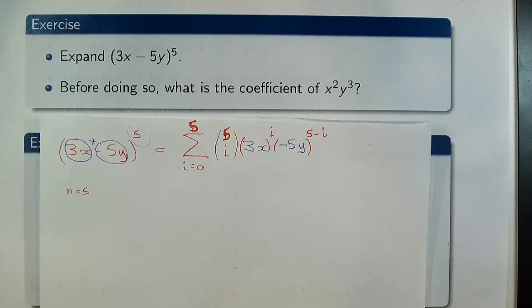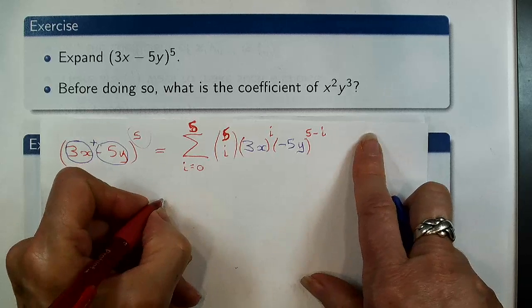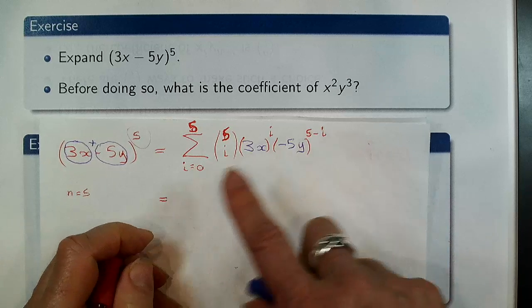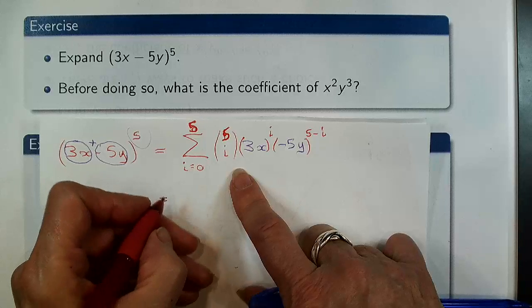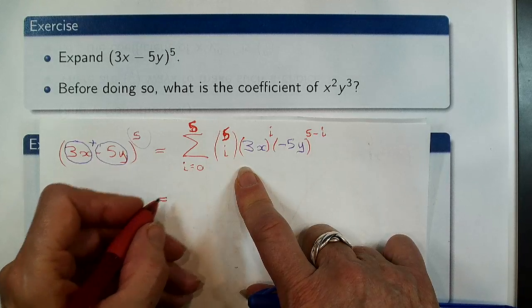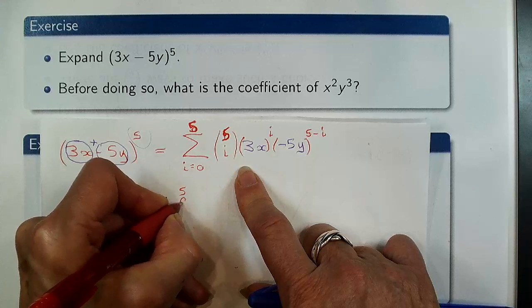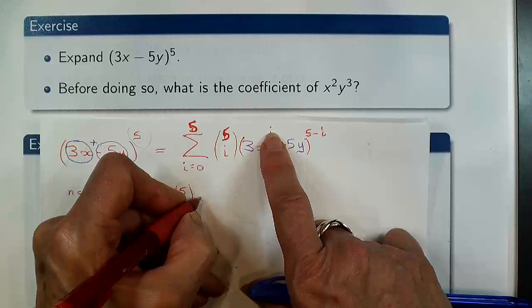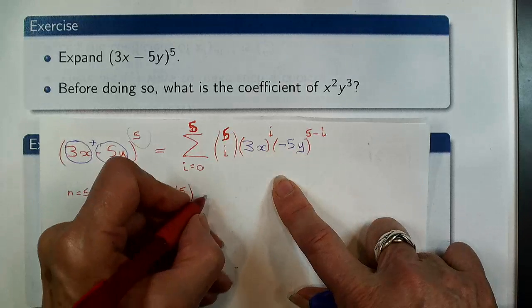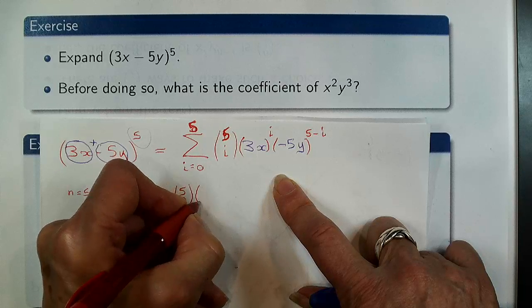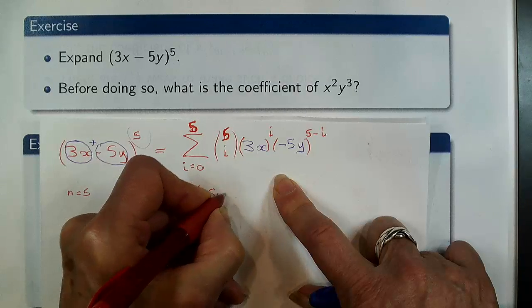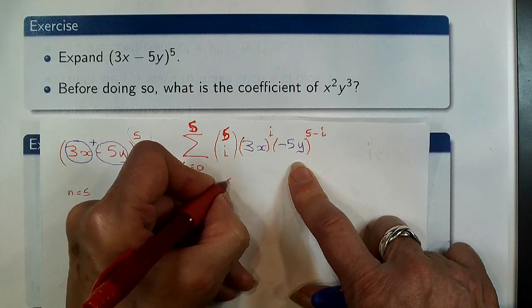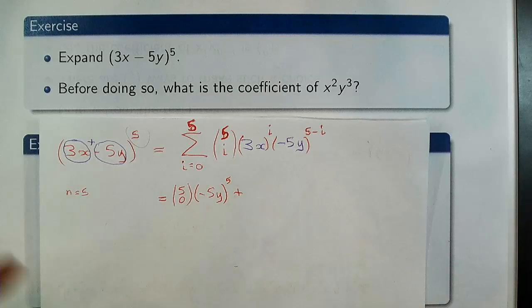Actually, I'll start writing out the whole thing and leave you to finish it. i equals 0: 5 choose 0, that's actually 1, times 3x to the 0, which is just 1, so I'll leave that out, and then we've got minus 5y to the 5, plus, and we keep on going.